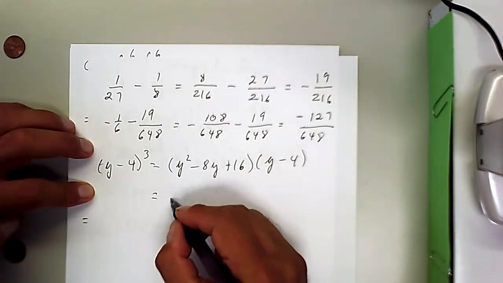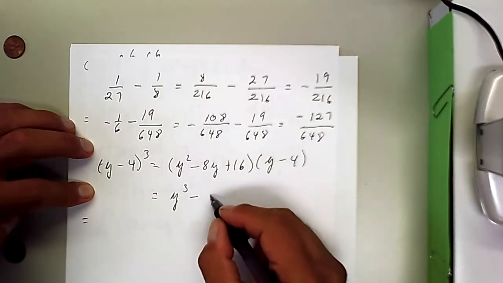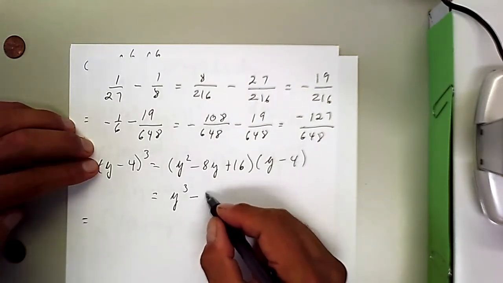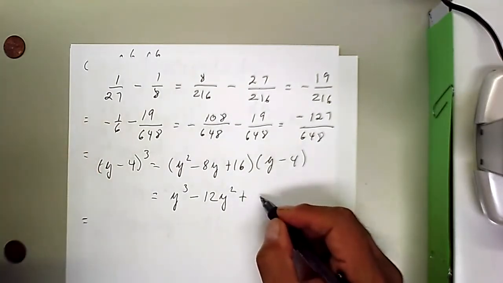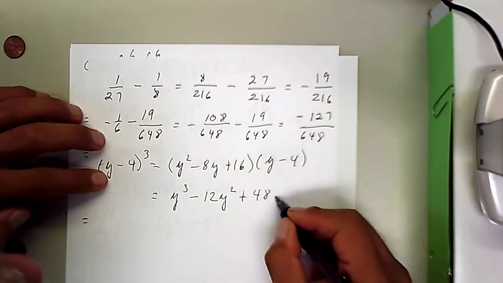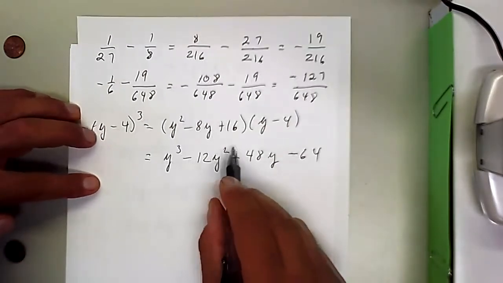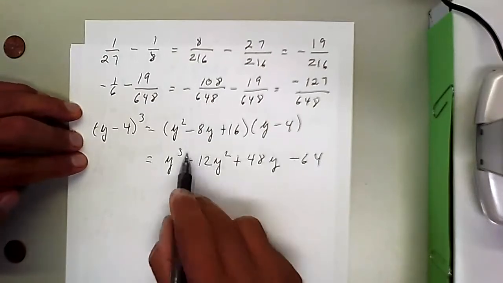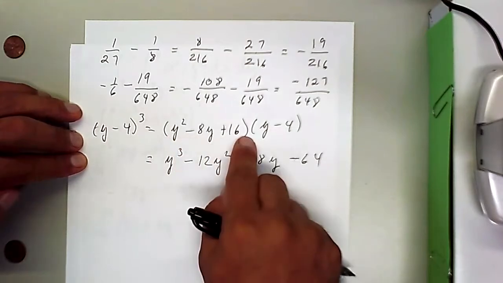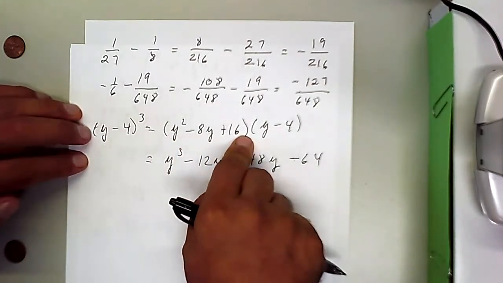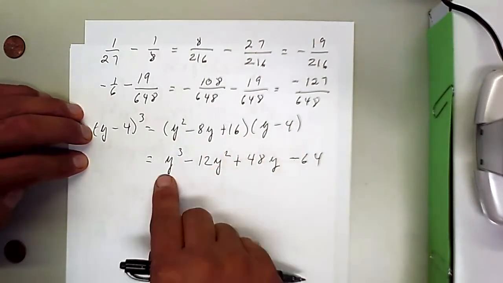And then we end up with y cubed minus 3 times 4 is 12, y squared plus 3 times 16 is 48, y, and then minus 64. So you, again, may want to pause the video to just make sure that multiplying y minus 4 times y minus 4 gives you this. If you don't know that already, you can take the time to figure that out. Once you have this, multiply with y minus 4 will give you that.